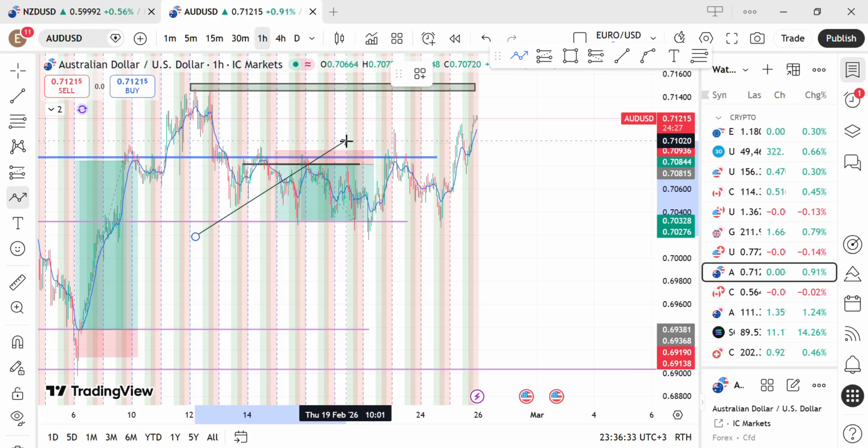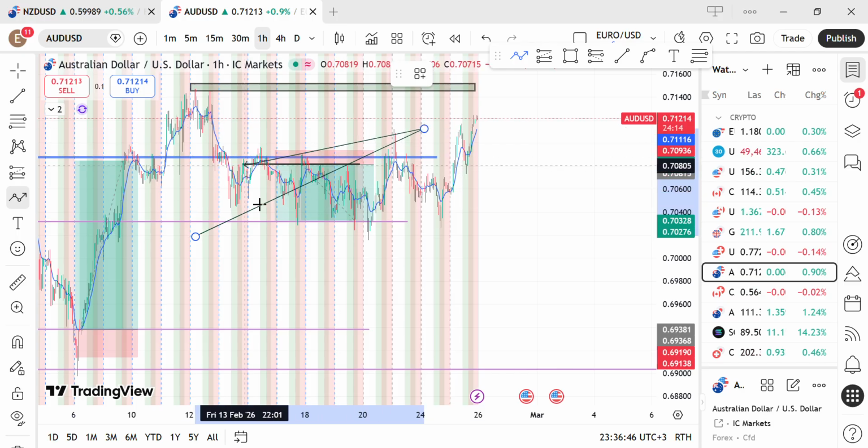To be honest, I don't know. I don't think you really know. Because price can come and reverse down. Then suddenly that will be a lower high. Because all this will be noise. And this low will be lower than that low.